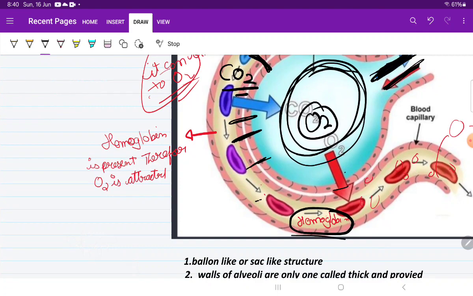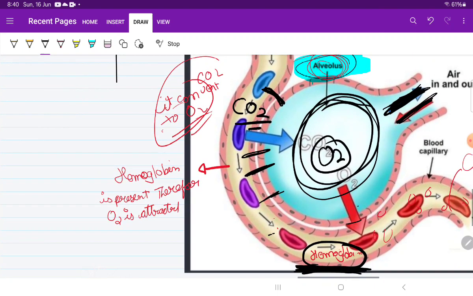I hope you know what hemoglobin is, which is a pigment of human beings. The main work of hemoglobin is to give the red color to the blood, and it carries the oxygen.